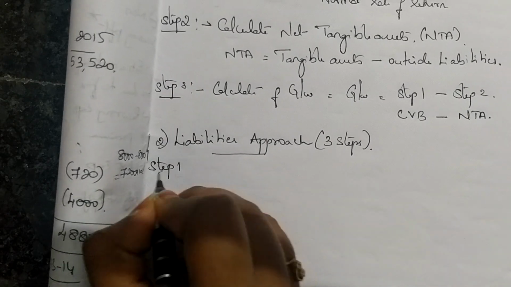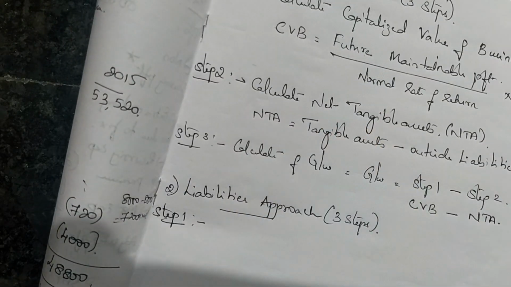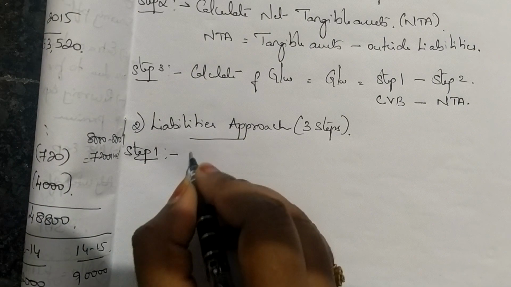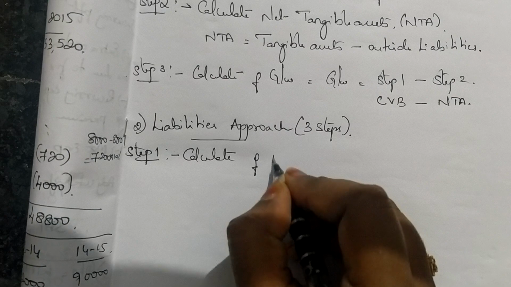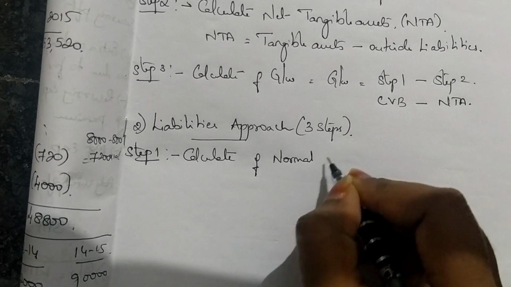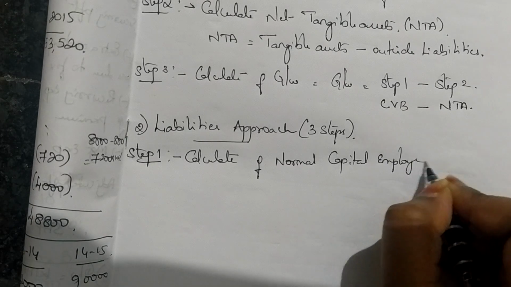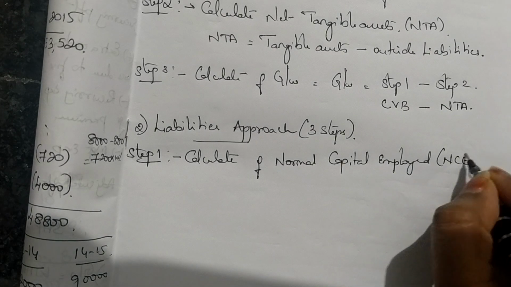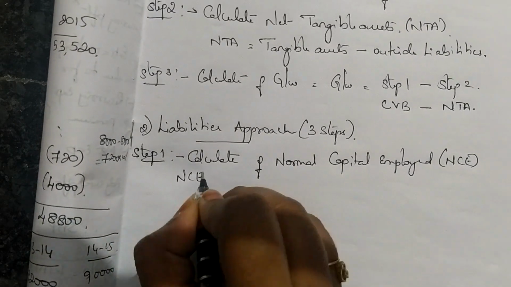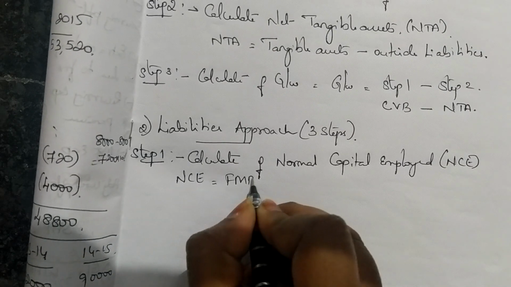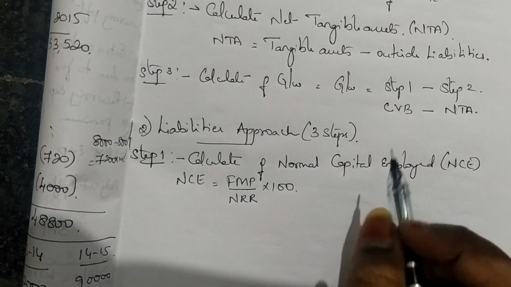Step number 1, instead of calculating the capitalized value, here you will calculate normal capital employed, that is NCE. Your NCE will use the same formula: future maintainable profit divided by NRR into 100.